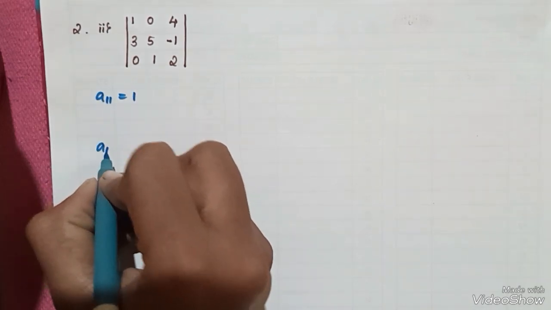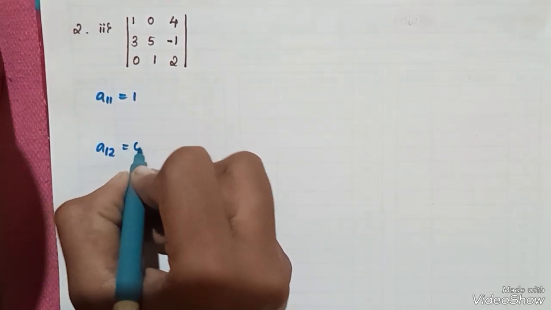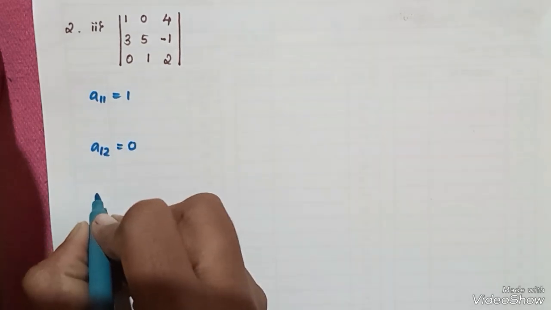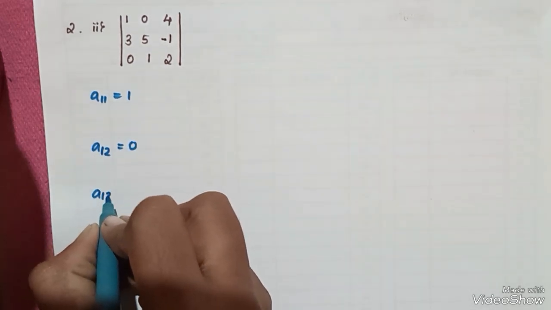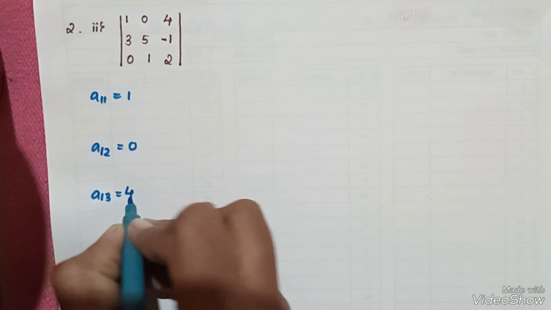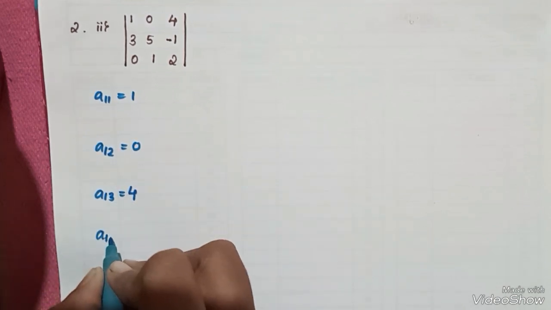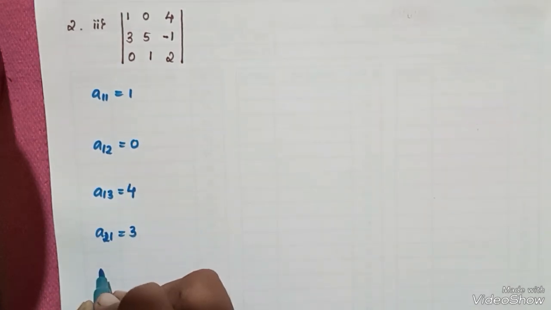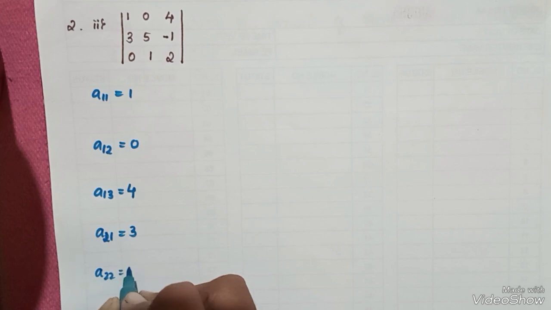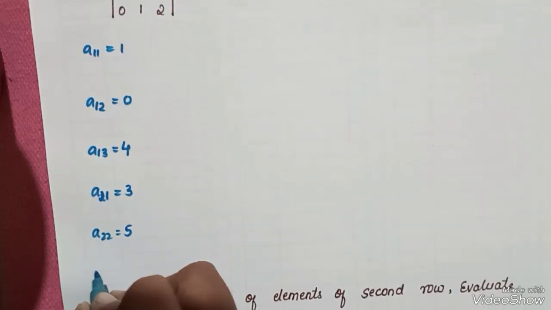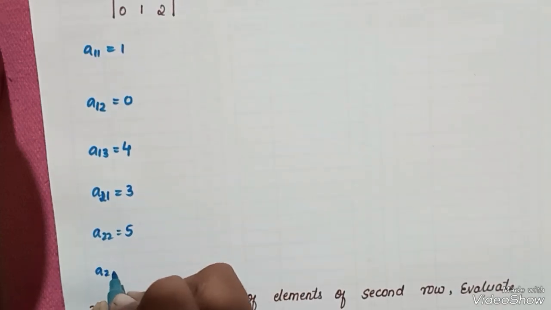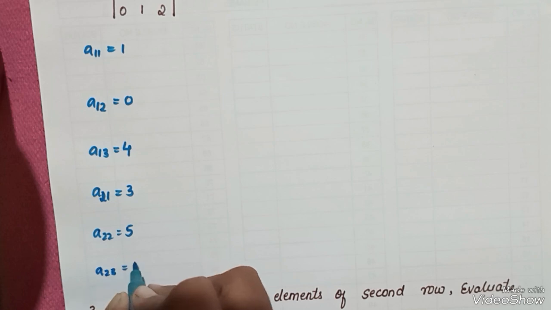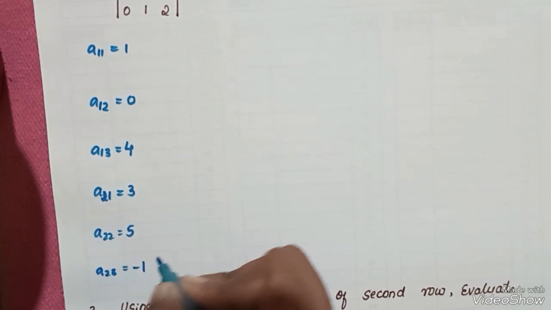Then the first row second column element is 0, the first row third column element is 4, the second row first column element is 3, and the element a22 is 5, then the element a23 is -1.